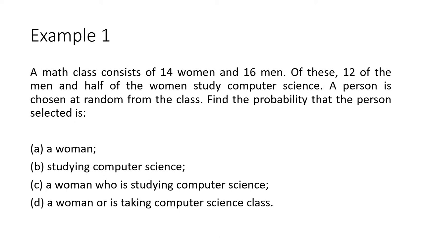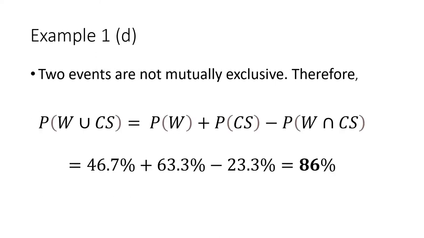That's why, in order to calculate the union, we apply the rule for non-mutually exclusive events we discussed in the last video. The probability that a randomly picked student is a woman or is taking computer science classes is equal to the probability that a randomly picked student is a woman plus the probability that a randomly picked student studies computer science classes, and we have to subtract the probability of the intersection.